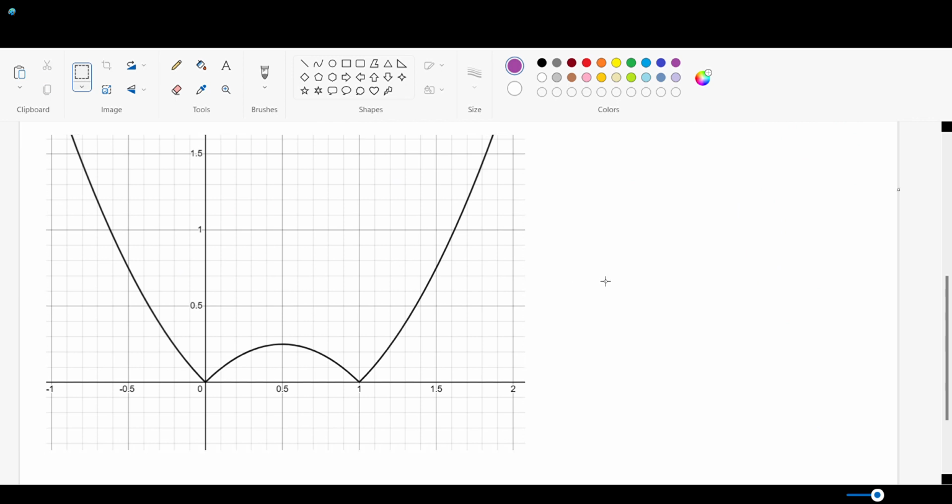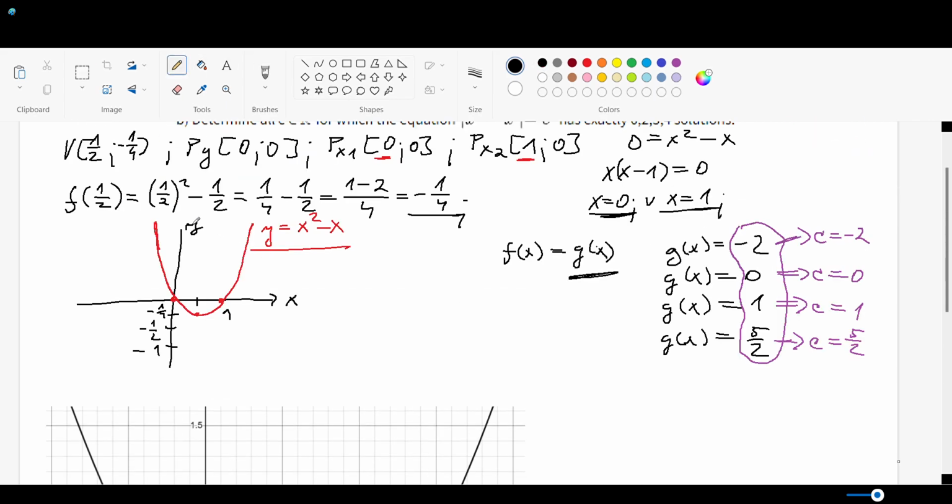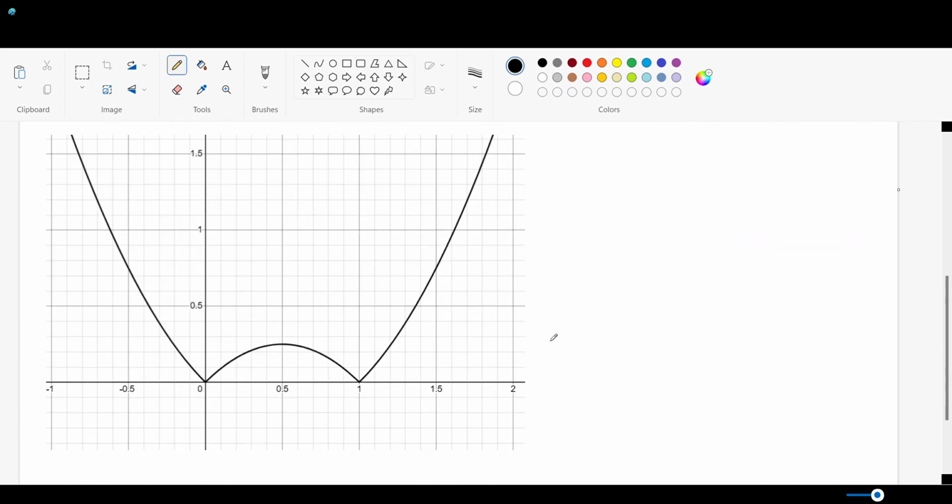So we already know that this is the graph of the function, and we know how we found this function, because here you can see that this is the graph of the function without absolute value. So once you use the absolute value here, it means that this part of the parabola will be flipped over the x-axis, and then you will come to this final graph.